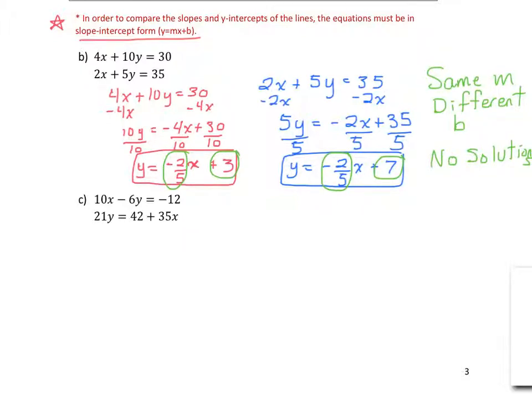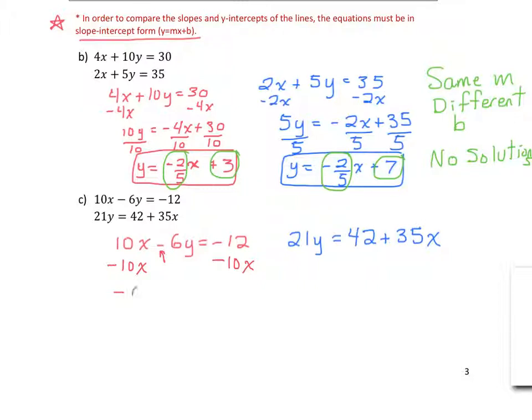If we look at example C here, we also have two equations that we need to isolate y for. So I'm going to go ahead and write down the equations, and we will start by isolating y in the first one. Because my y term is negative, I want to be careful of that subtraction or negative sign there because we can't lose it. 10x is positive, so we're going to subtract 10x from both sides.